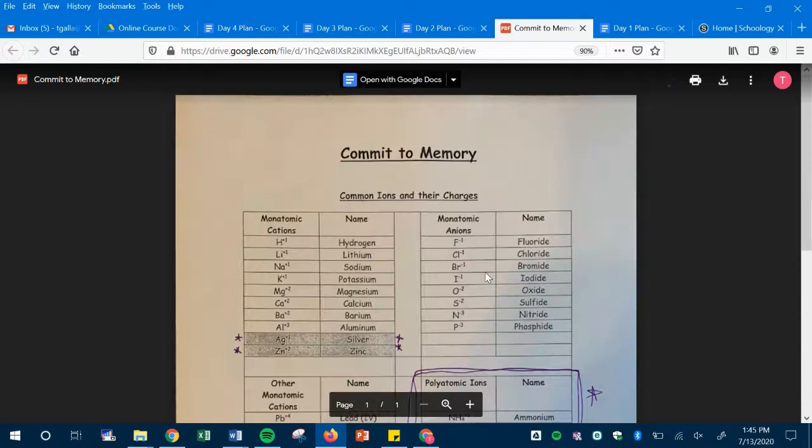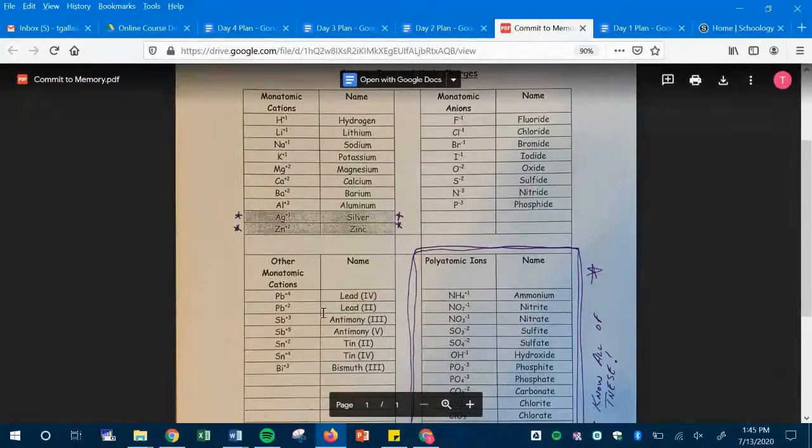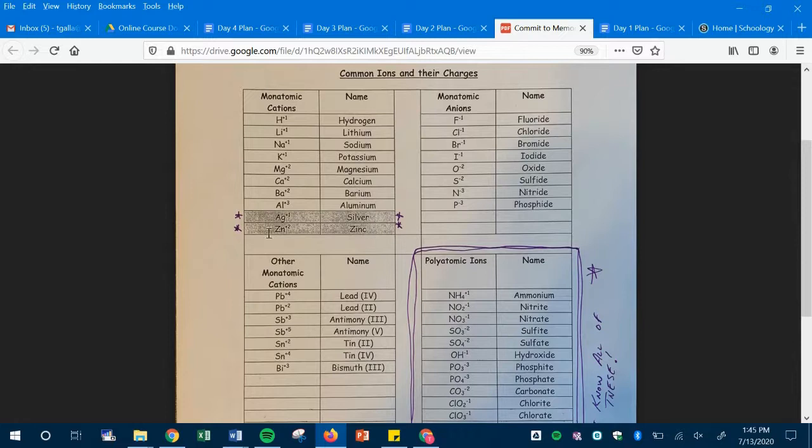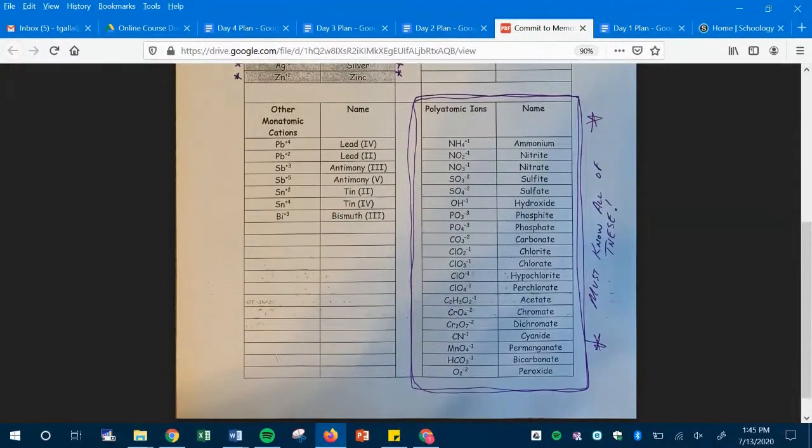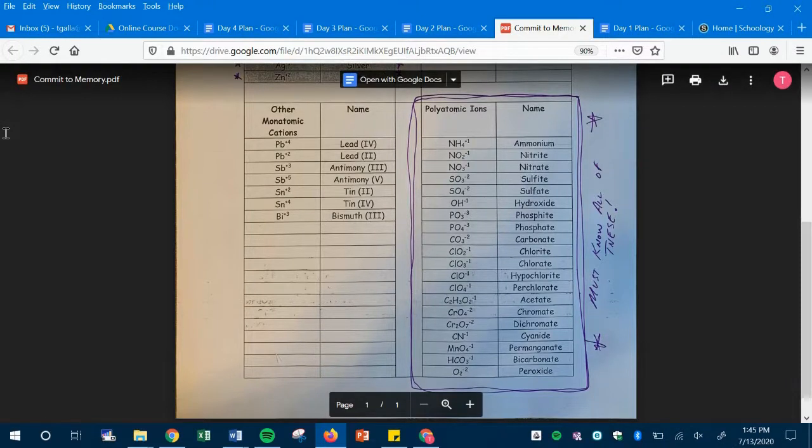Now, what you actually need to remember here, I wrote on the paper for you. In terms of the commit to memory, we have first on the left side the silver and zinc. Remember, we just labeled those on our periodic table. I showed you a 3, 2, 1. Aside from that, these are all of our polyatomic ions.